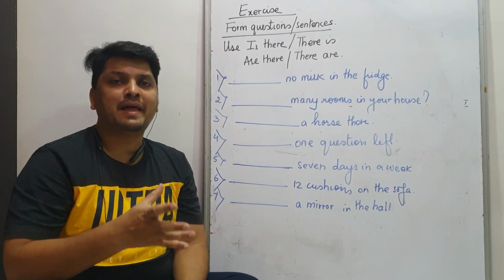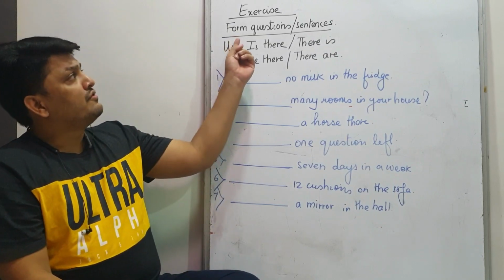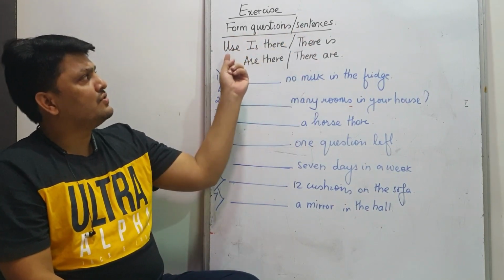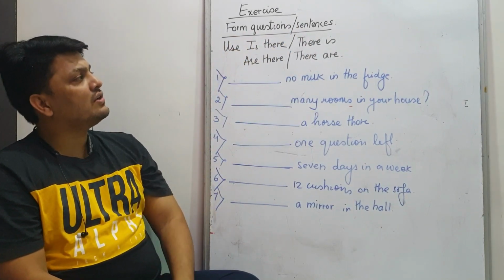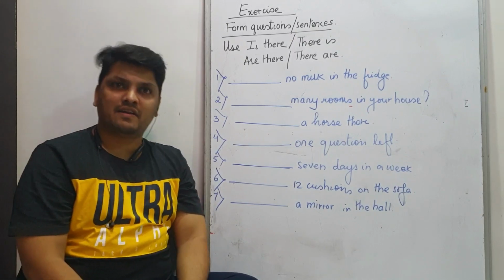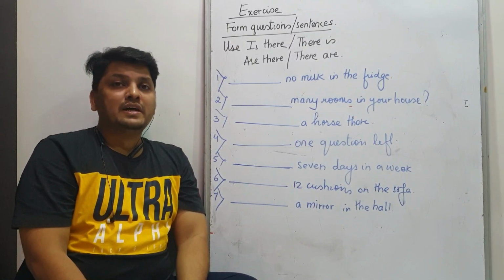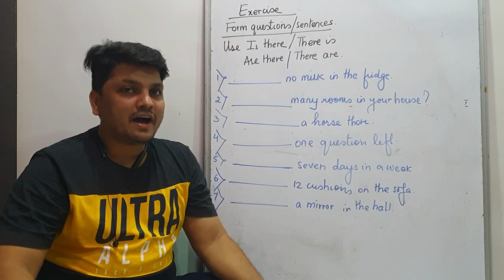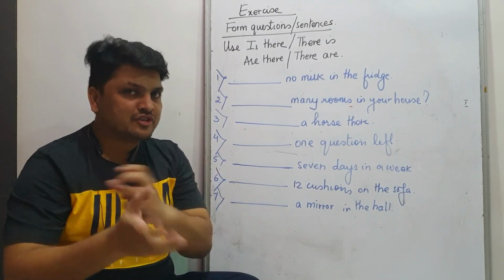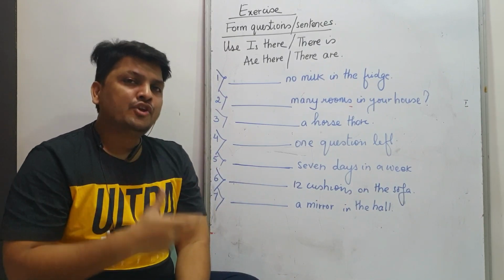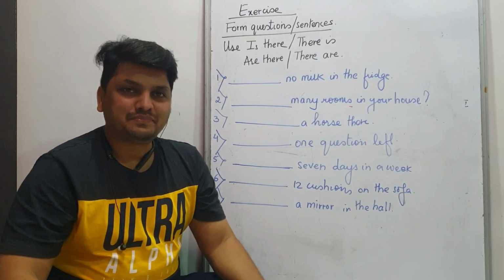It's in the fill in the blanks form. If the form has questions or sentences, you can see here, use is there or there is, are there or there are. Okay. Once again, I will explain and do a revision of when to use there is and there are.